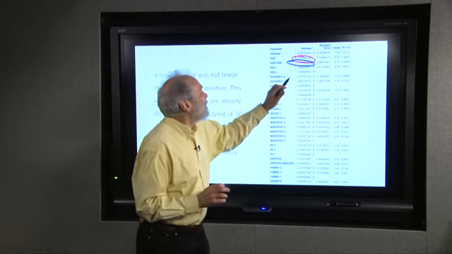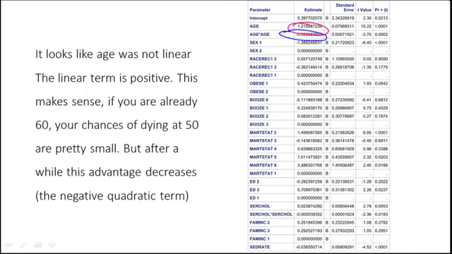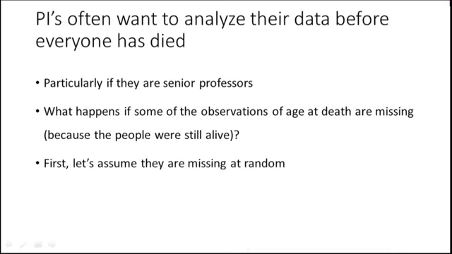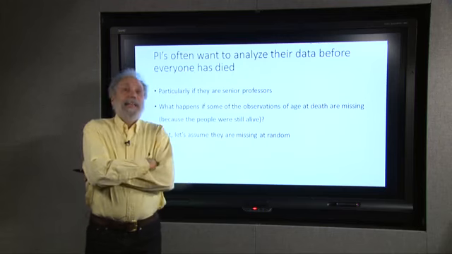And you can also tell by the fact that sex 1 lives 1.4 years less on average than sex 2, that sex equals 1 is males. Okay? And then we have these various other factors. You can see, for example, that the more money you have, the longer you live, etc. So, that's great.